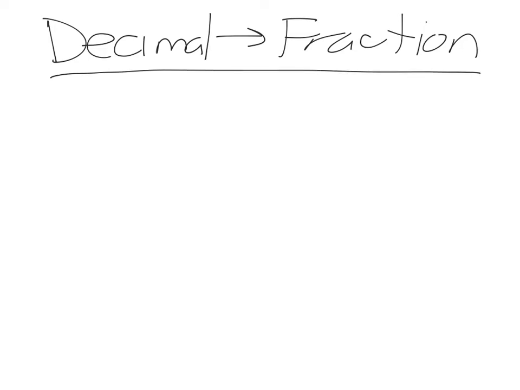Let's talk about a terminating decimal, something like 0.45. You know, when I say 0.45, I'm actually not saying that properly. That's really a bad way of saying it. I should read the decimal properly.